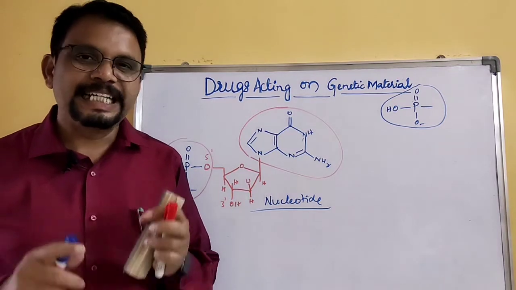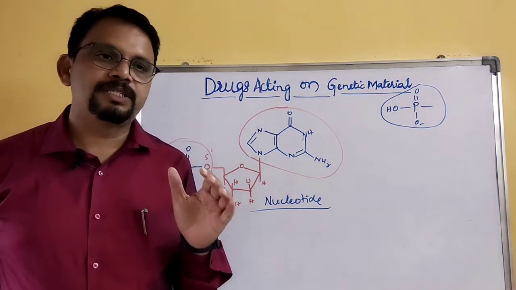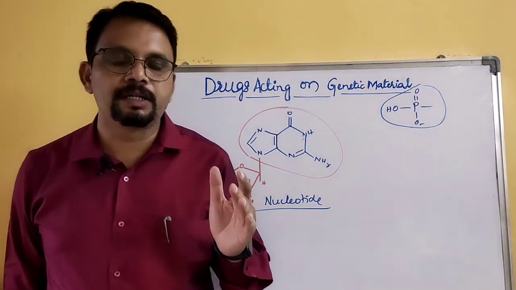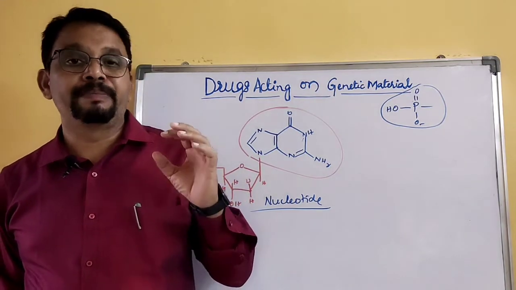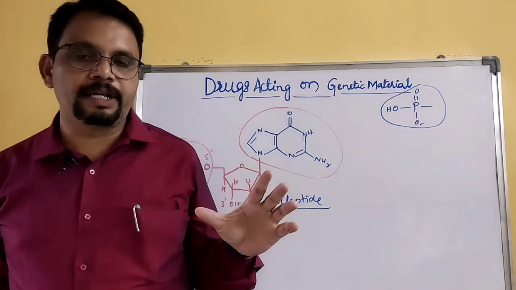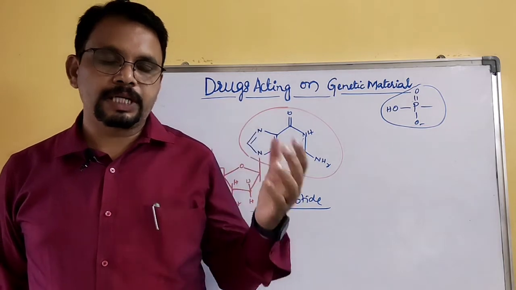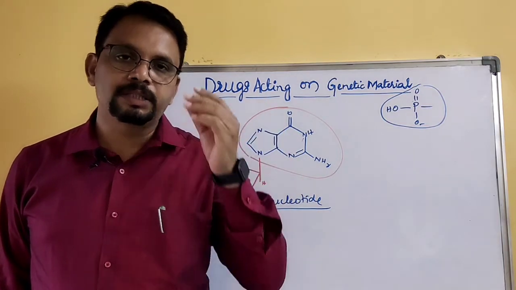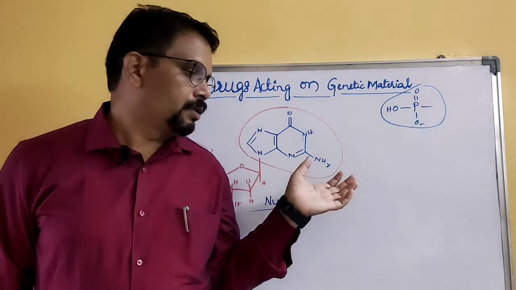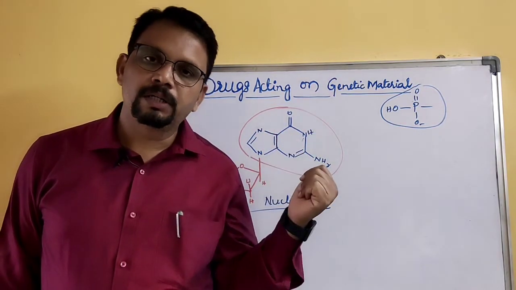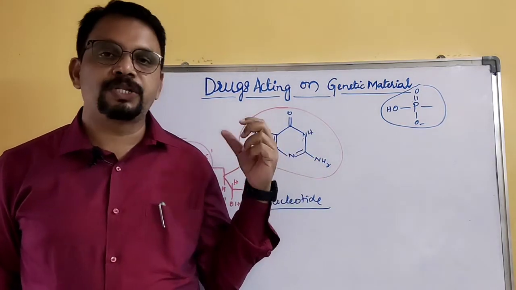In DNA structure, you can simply remember that it has bases like adenine and guanine, and cytosine and thymine, and deoxyribose sugar, and phosphate moiety.